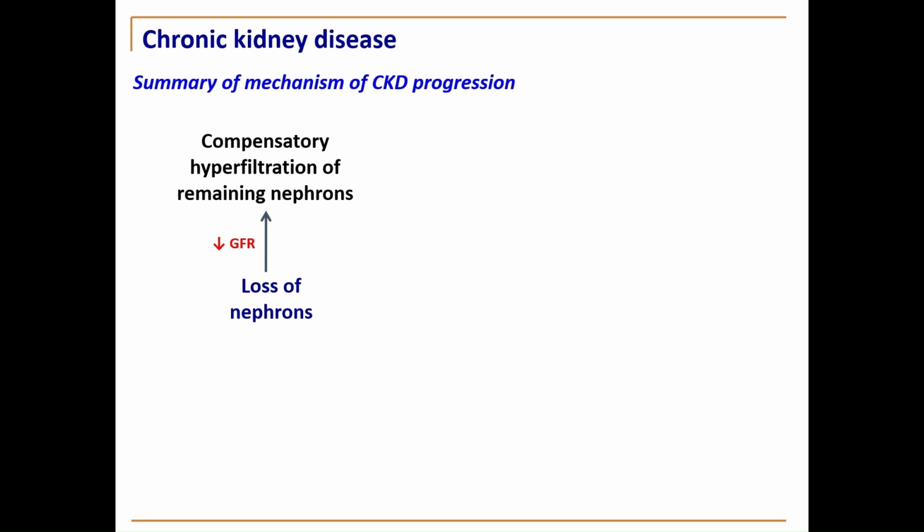And initially, at least, you get a compensatory hyperfiltration of the remaining nephrons. So the remaining nephrons increase the filtration rate to compensate for the loss of functioning nephrons. And this occurs because those fewer nephrons that are available must filter the same blood volume, leading to increased pressure and increased filtration in those remaining glomeruli.